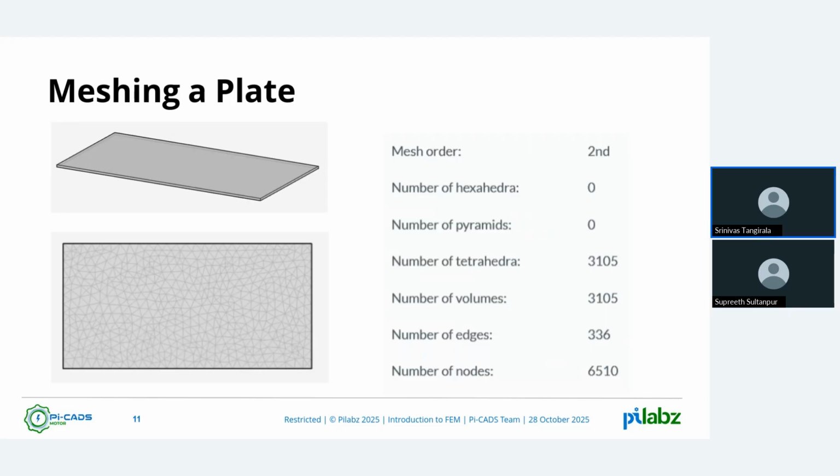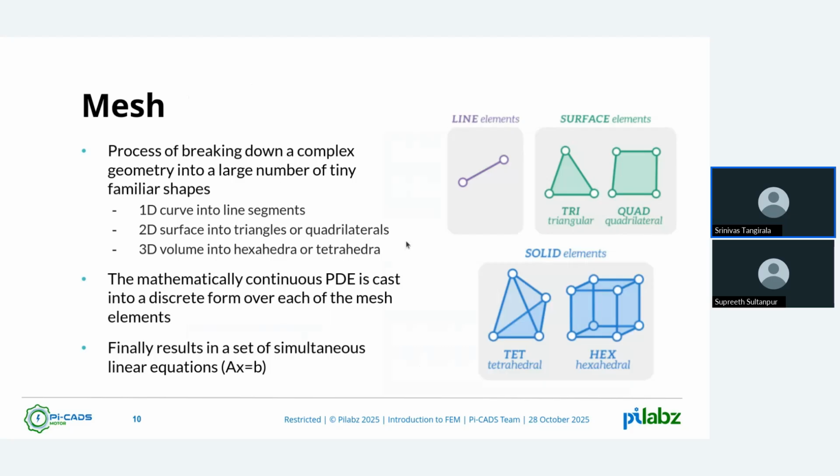Basically, meshing is nothing but dividing the entire geometry, whether it is a flat plate or a complex part which has very many curves, fillets, or some hole or anything. You're breaking that geometry into small parts, like Suprit showed in the previous slide, as elements. So these are called elements.